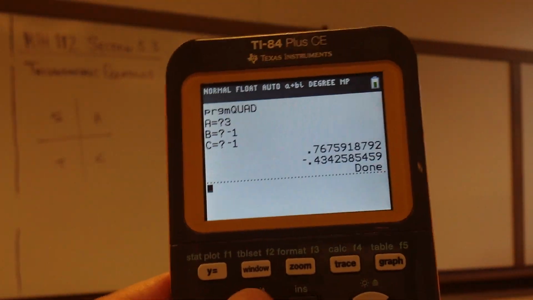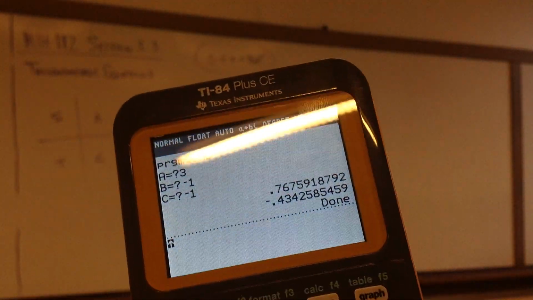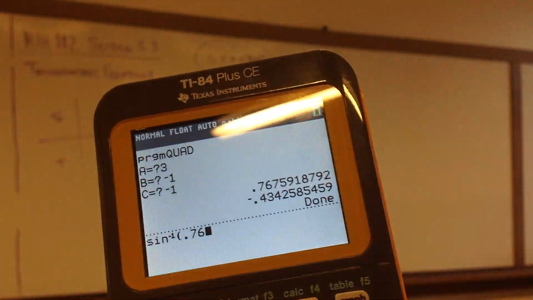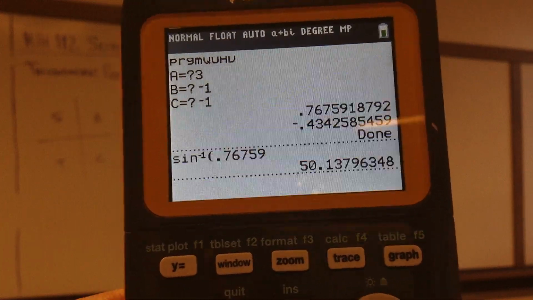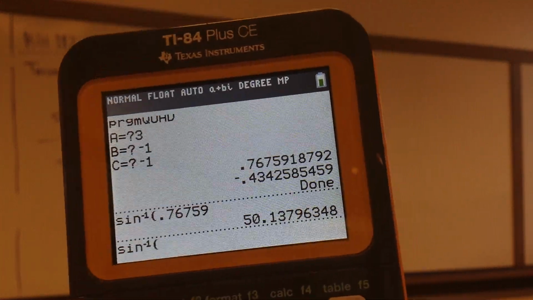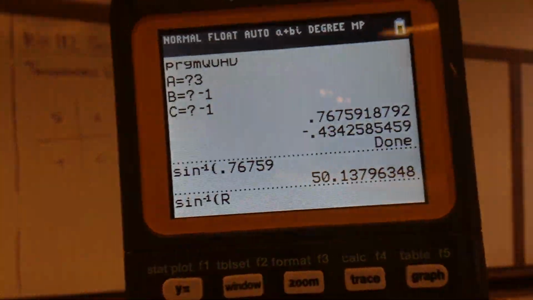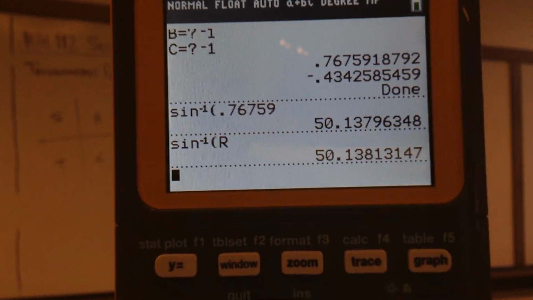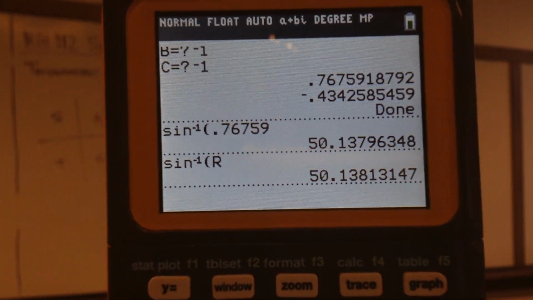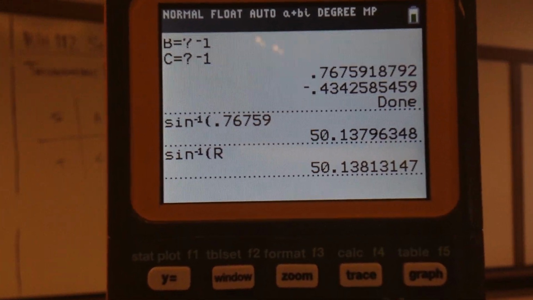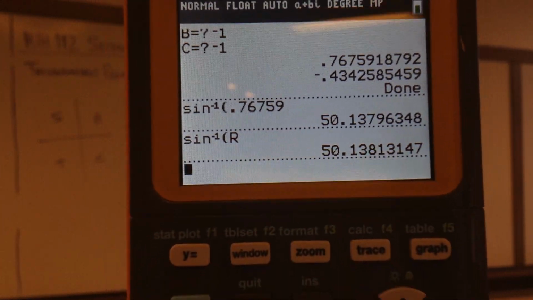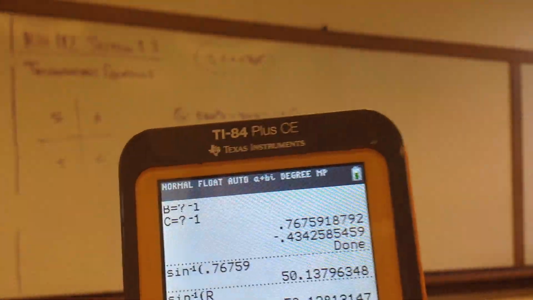And so I can go inverse sine of 0.76759 and get a solution there. I can also do inverse sine of R because that's the first answer it returned. And you can see how close they are. There's a little bit of difference, but if we're rounding to the nearest tenth of a degree, then there's no difference. I'll do the same thing for the other one as well.